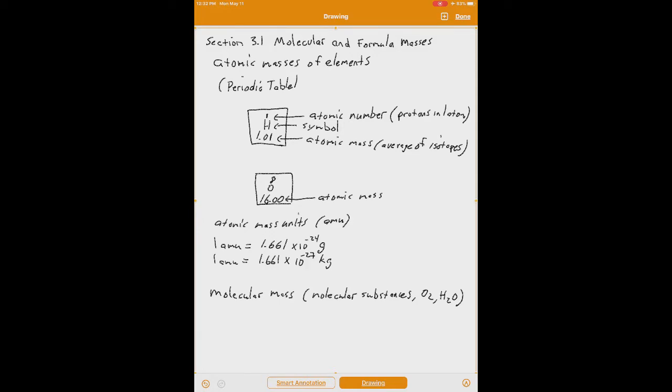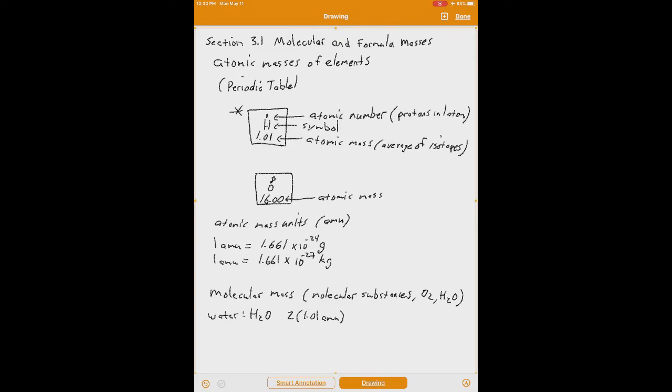So let's use water as an example. First, you ask yourself, how many hydrogen atoms are in one molecule of water? The subscript 2 tells you there's 2 hydrogen atoms. You then go to the periodic table and look up the atomic mass of each atom. 2 hydrogen atoms, so 2 times 1.01 AMU. And then you ask, how many oxygen atoms are there?